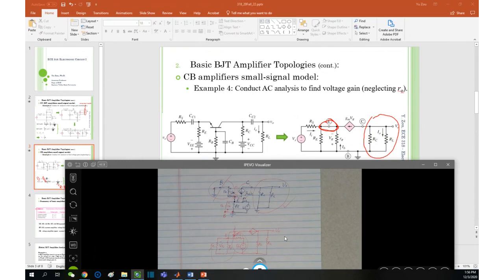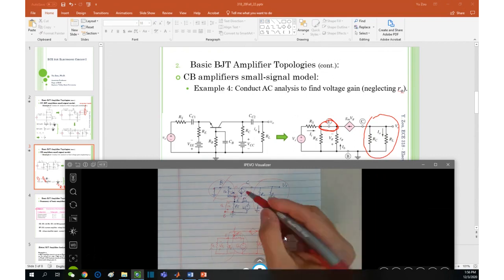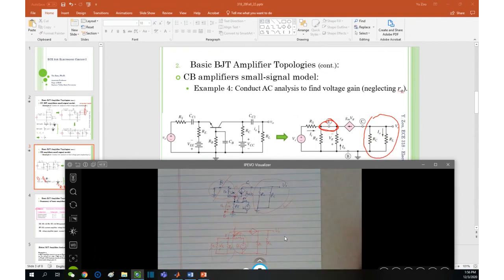Any other inputs? Any other thoughts? So the way I did it is I did KCL at E, and I went off of the blue circuit. And then I had VE equals negative V pi.